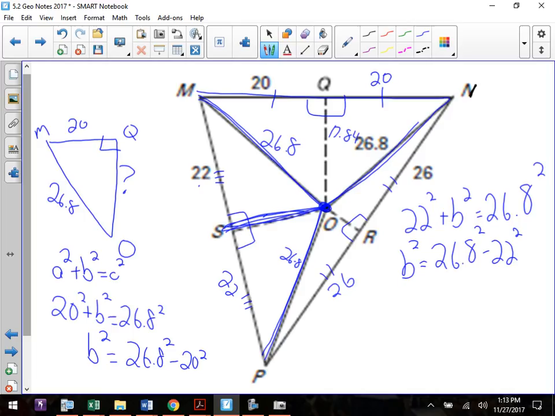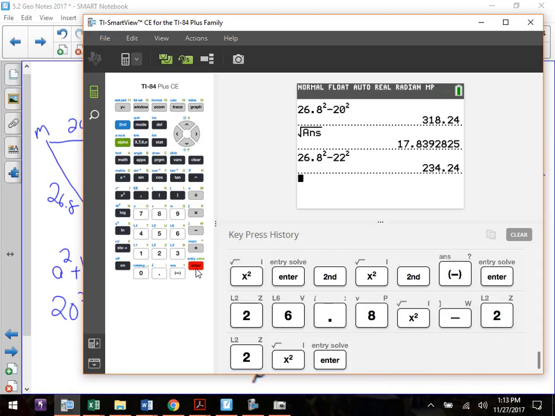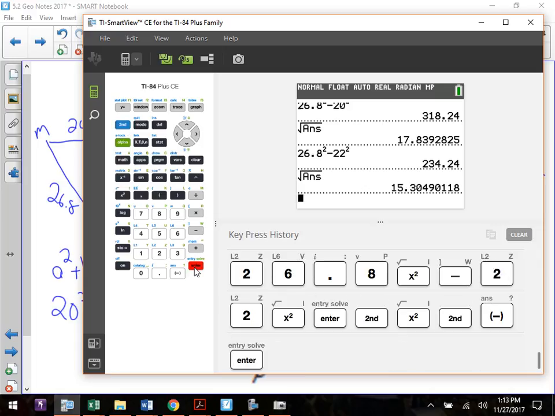And you use that answer button. Second square root of my answer. If I round that to 2 decimal places, 13.3049 becomes 13.30, so just 13.3.